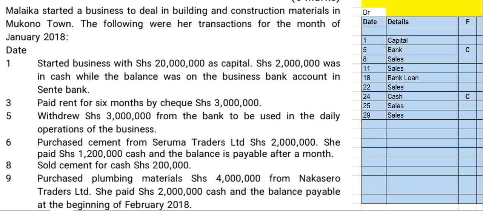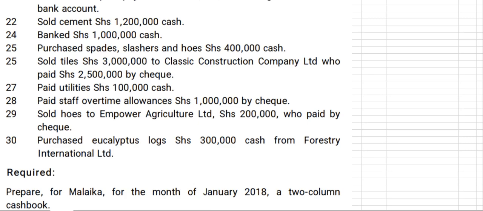The requirements of the question are very clear, as you can see on your screen. We are required to prepare, for January 2018, a two-column cash book.